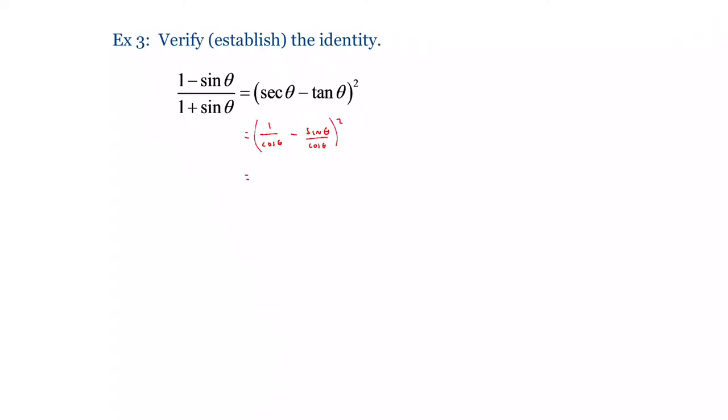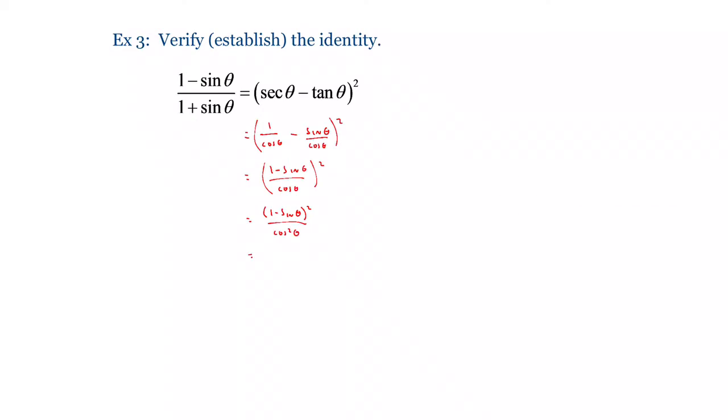And so before we square it, we'll combine our two fractions since they do have a common denominator. And that way we create one term instead of a binomial squared. So if we square the top, we'll have 1 minus sine of theta, that whole quantity squared, and then on bottom we have cosine squared of theta.